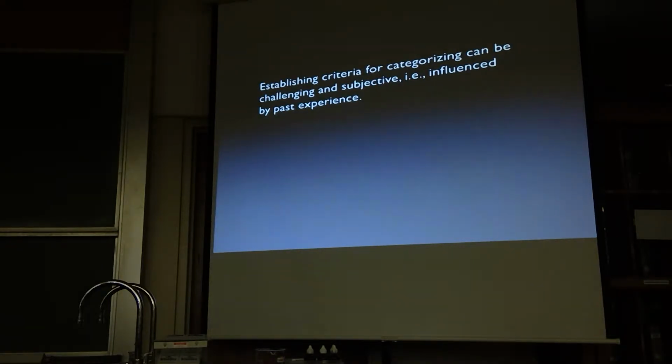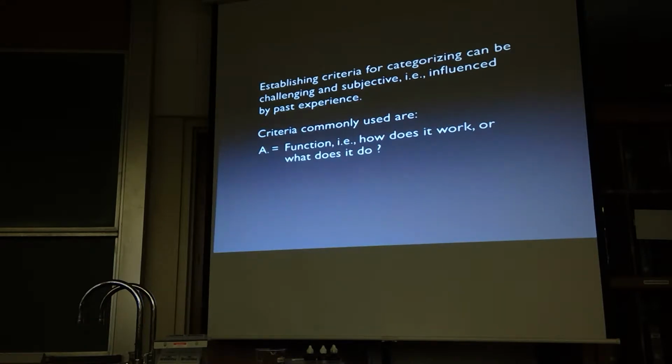So taxonomy, as it applies to biology, again, involves categorizing things, putting things into categories, and determining the criteria that we're going to use to put them into these categories. This is influenced by past experience. It's influenced by how much we know, what kinds of things we know, what kinds of equipment we have, all those kinds of things. Some criteria that have been used for categorizing living organisms include, one, considering function.